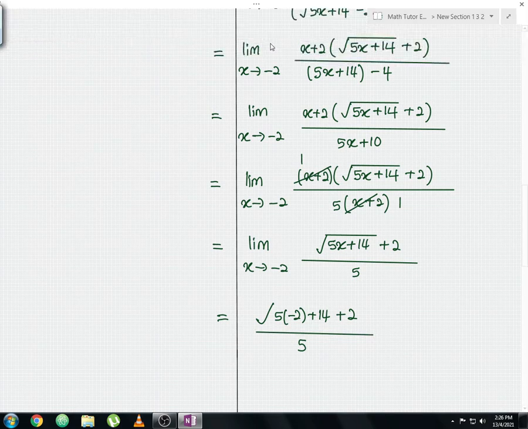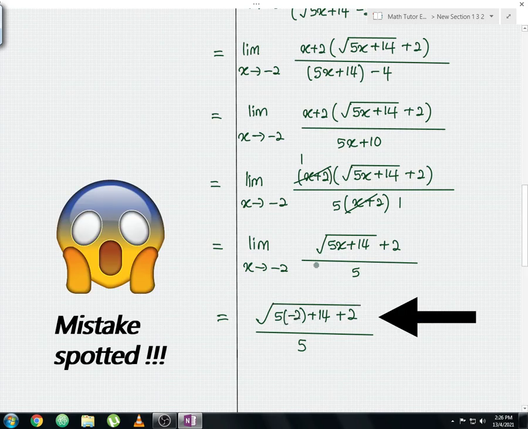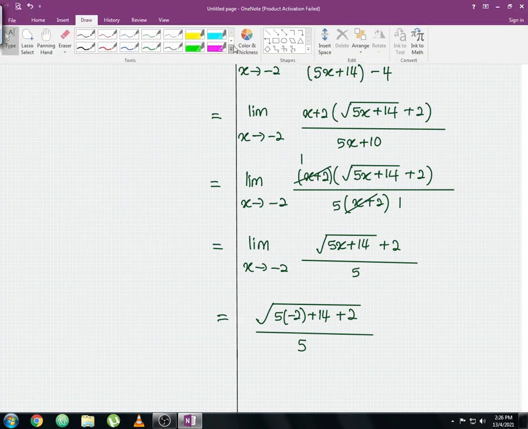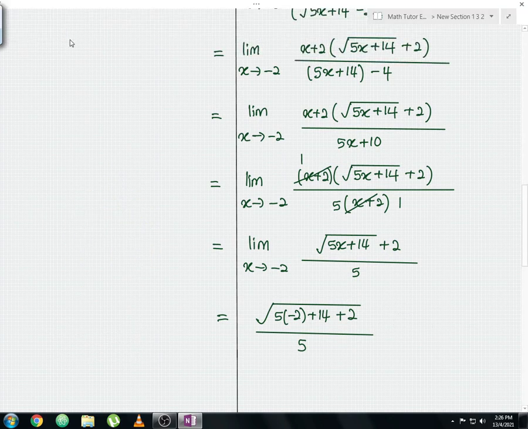Please wait. 5 times negative 2 you should get negative 10. So negative 10 plus 14 you should get 4. So 4 plus, oops, there is a mistake over here. It should be until here. Thank God I just noticed it.